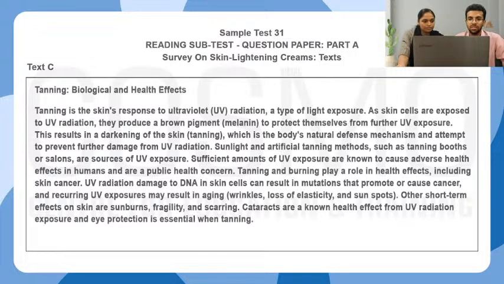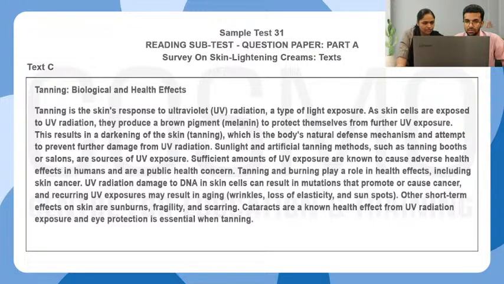In text C, there are multiple places which mention the word UV radiation, but the effects of UV radiation are mentioned. Here we can see the effects of recurring UV exposure, but it is not the overexposure to UV radiation.